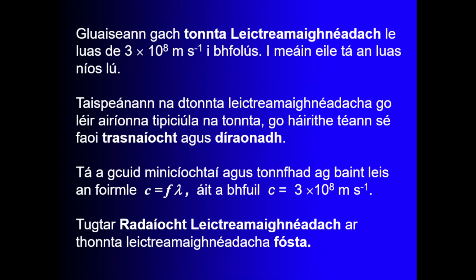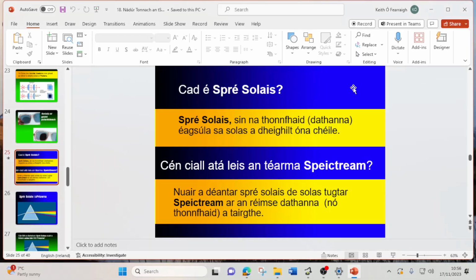Okay? Now, the formula is C equals F lambda. So the speed of light is the frequency times the wavelength of the light. C is 3 times 10 to the power 8 meters per second. And the rest of the radiant electromagnetic waves are called electromagnetic waves. And there we have the end of the chapter.